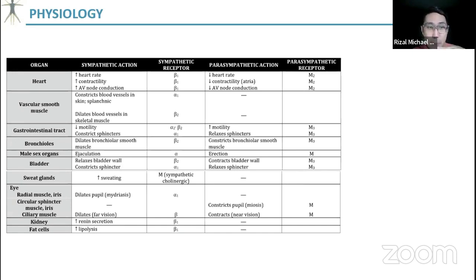Pag sinabi mong increase in GI motility, no, leading to possible diarrhea, ganyan. So increased GI motility, initially baka isipin nyo sympathetic kasi increase, no? Pero again, rest and digest, that's a parasympathetic action. Okay? So you have to at least be familiar with the receptors ng mga bawat organs and their actions, specifically yung mga unique actions.